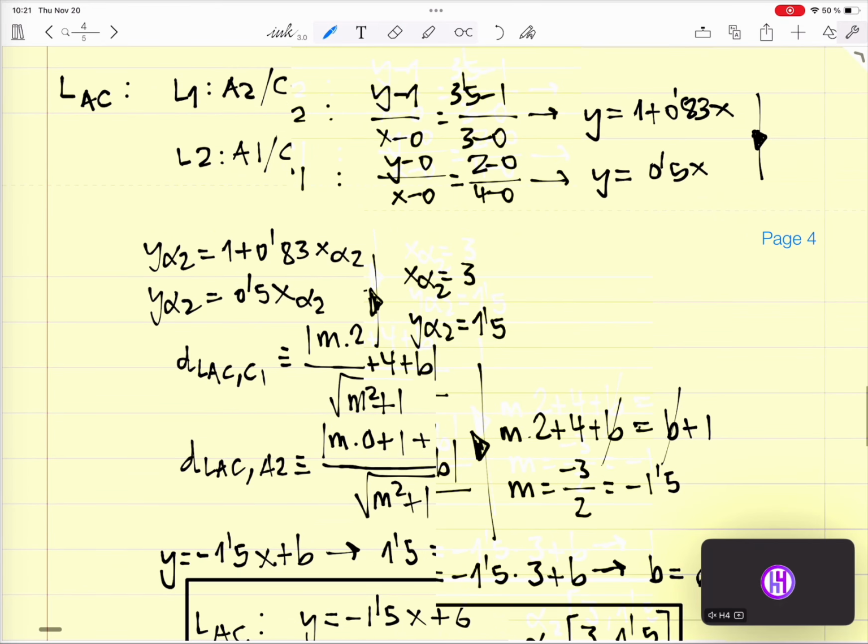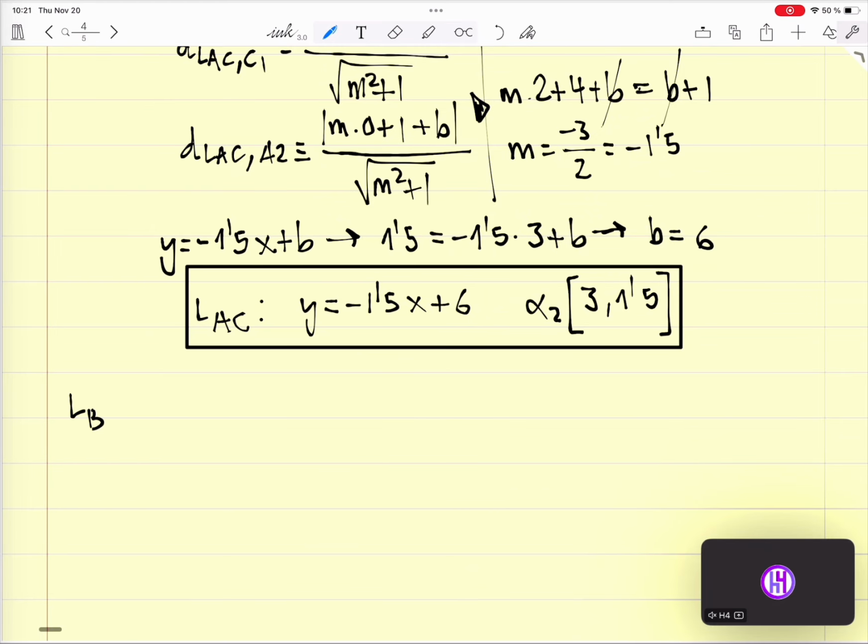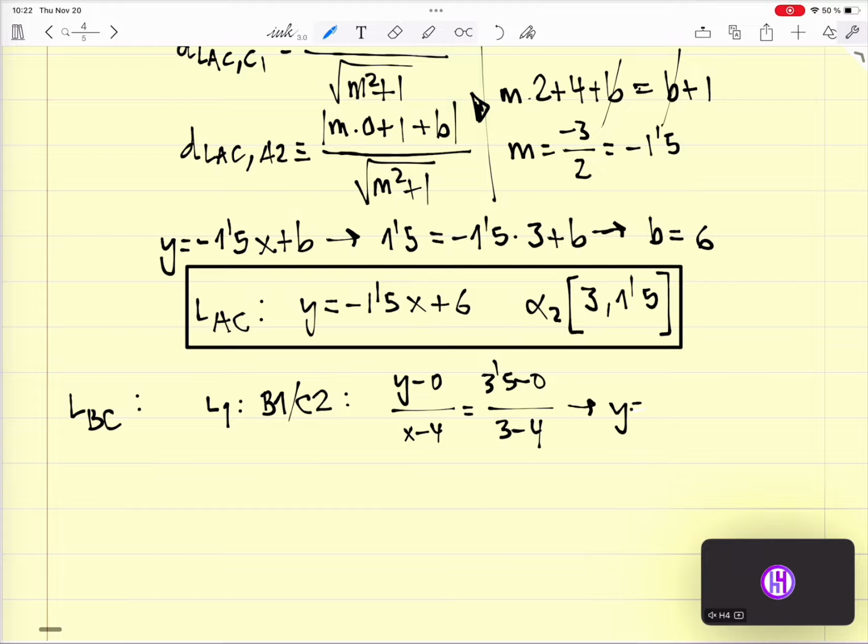So the line between B and C: L1 goes through B1 and C2. As a result, (y minus 0)/(x minus 4) equals (3.5 minus 0)/(3 minus 4). As a result, we get y is 3.5 times (x minus 4). And the second goes through B2 and C1.